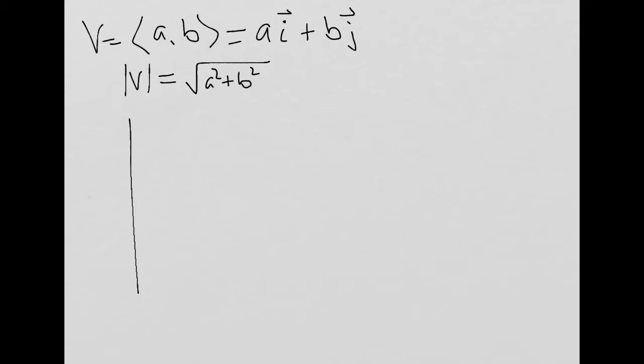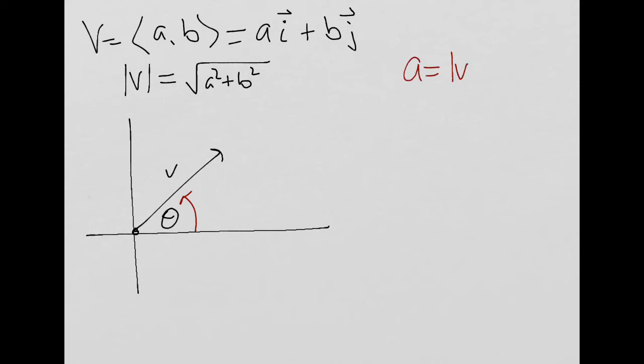Now, if I view this in the coordinate plane, there's my vector v. There's some angle theta, the smallest angle formed between my vector and the x-axis, the horizontal axis. And a little bit of trigonometry will show you that if these are your components, a is the magnitude of v cosine theta, and b is the magnitude of v sine theta.